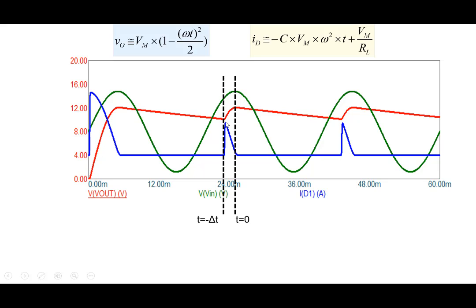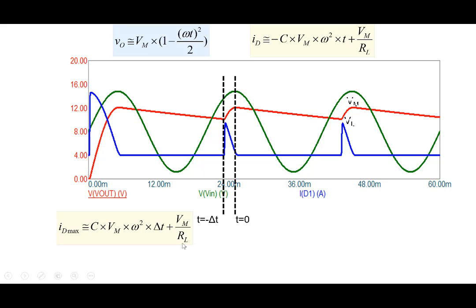This is the place where I get the maximum value of ID. So ID max will be equal to C Vm omega square, with t equal to minus delta t, where minus minus cancels, so we get delta t plus Vm by RL.